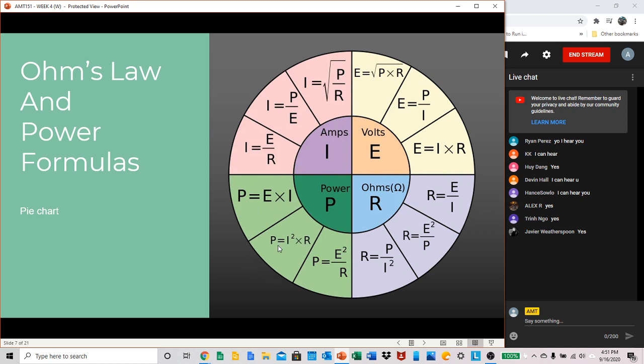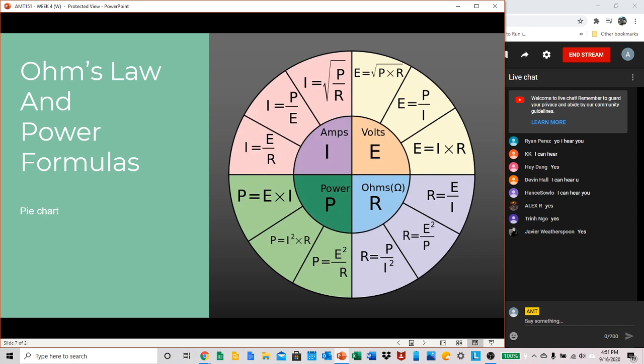We also have power equals current squared times resistance. We also can find power by voltage squared divided by resistance. Okay, so all of these equations are ways that you can find power given a certain set of circumstances.